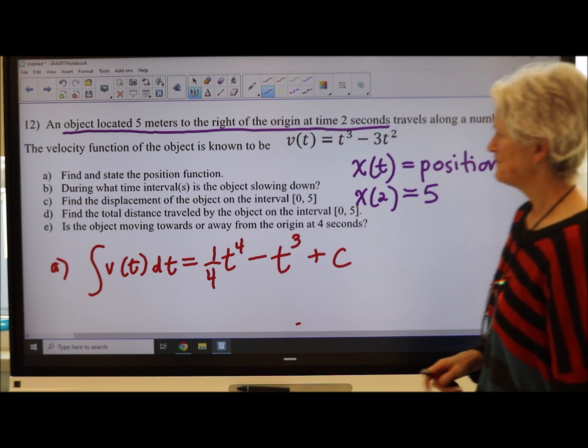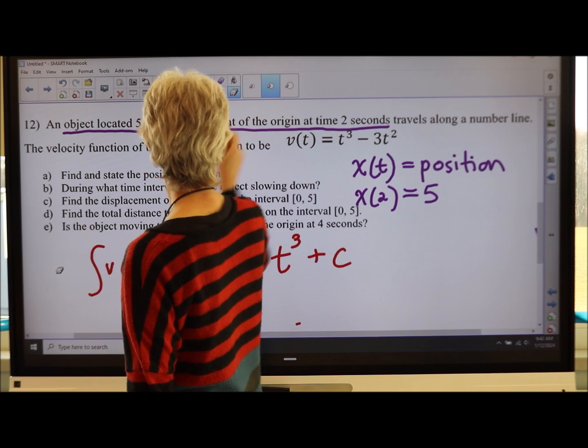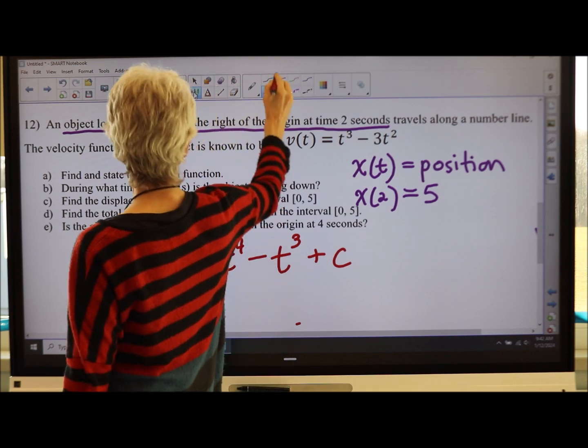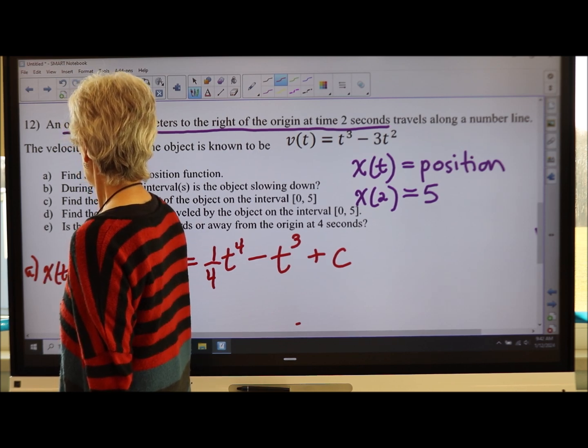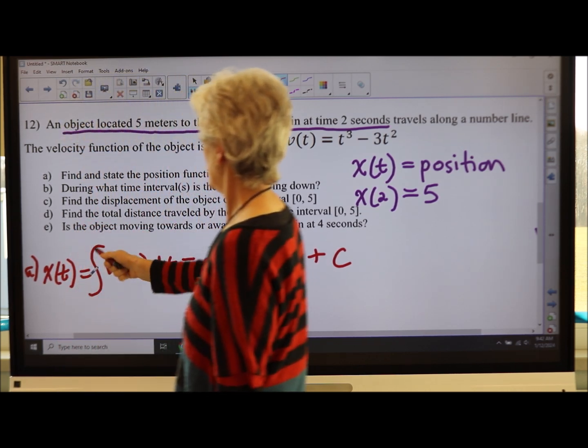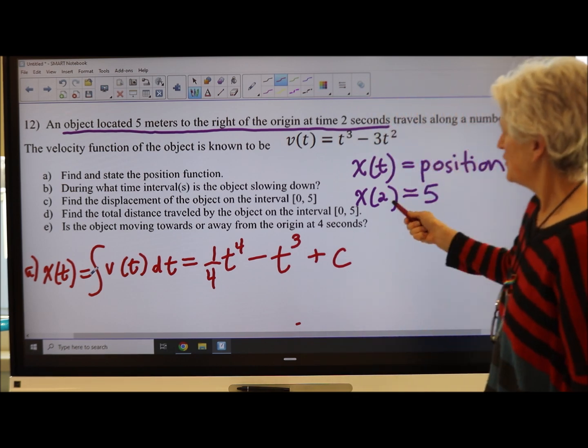Let's be even more clear here, right? Let's say x of t equals the integral of v of t. All right, so now let's use this information.